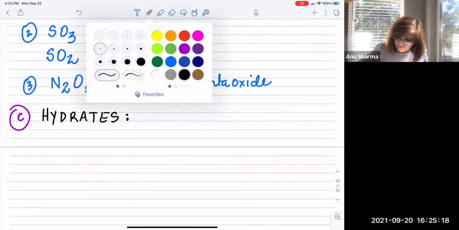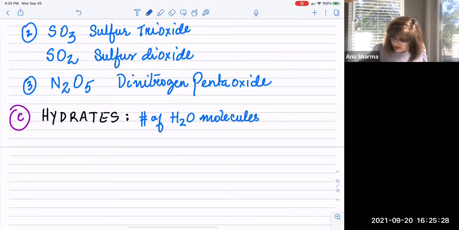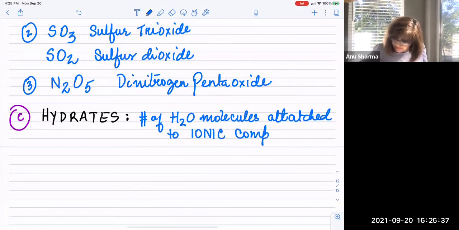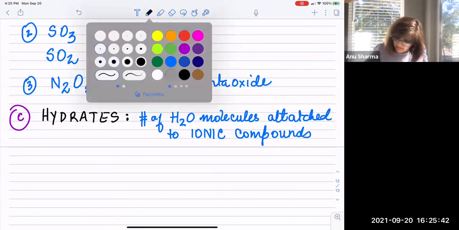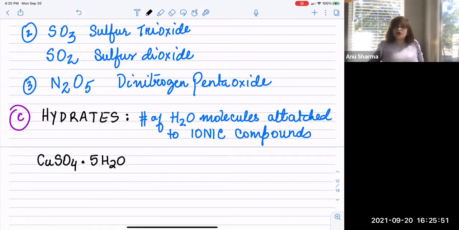So hydrates are some number of water molecules attached to ionic compounds. And which ones are those? Those are ionic compounds like CuSO4 · 5H2O. So there are 5 water molecules attached.